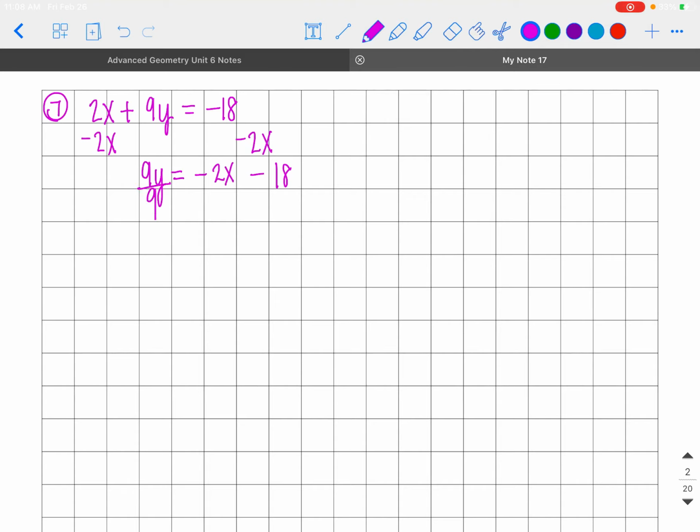And then we divide by 9. And when we divide by 9, we divide everything by 9. Y equals negative 2/9 x minus 2 is the equation. It's asking for the slope, which is the number in front of the x. So negative 2/9 or H.